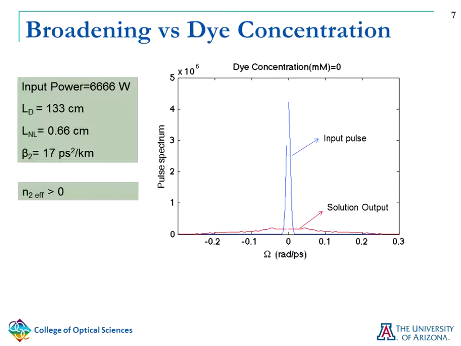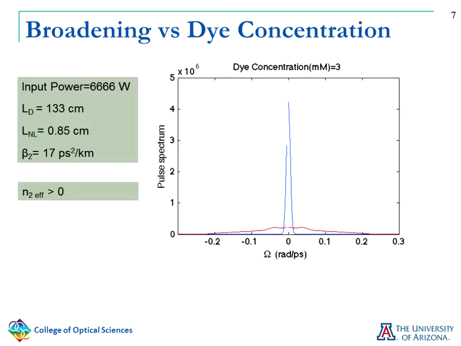Here you can see that the blue curve is showing the pulse spectrum of the input pulse. The red curve is showing the output pulse spectrum. In this slide, the dye concentration is 0, so you can see that the output pulse spectrum is very broad, and that is due to the N2 of the solvent, of course.